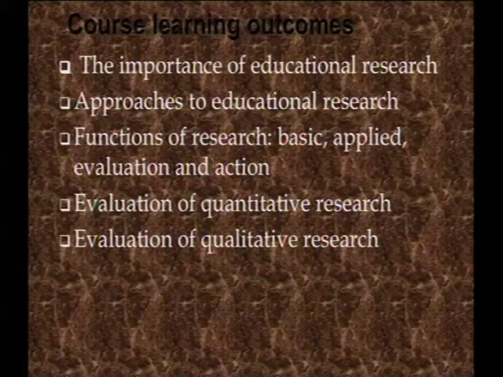For example, the first one is the importance of educational research. Probably this could be in unit 1. You must know the main importance of educational research, and it's very well explained there. For example, it makes it easier for educators to research the education system, and also for policymakers for the educational curriculum to understand.